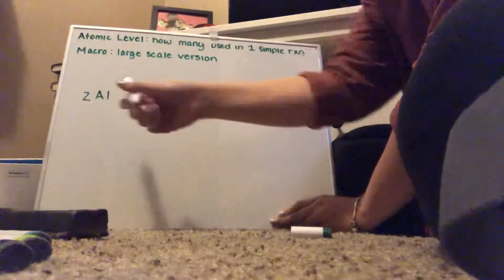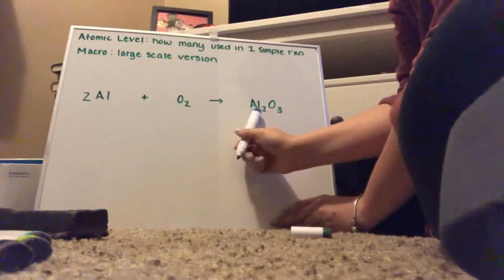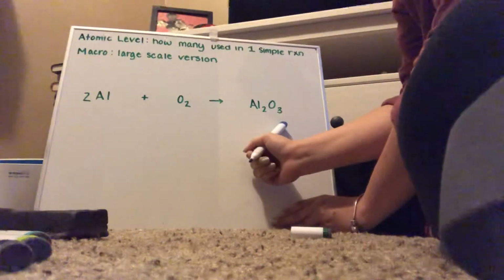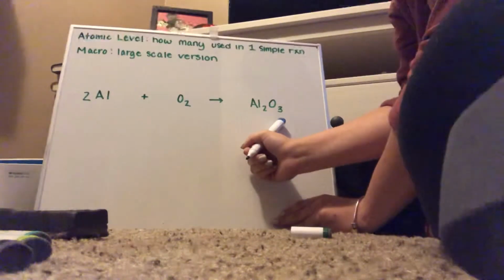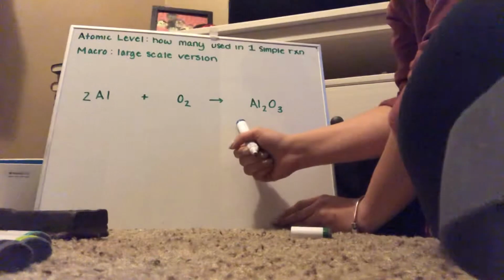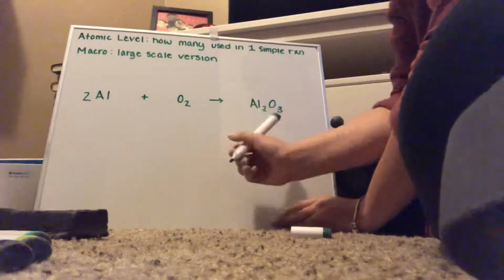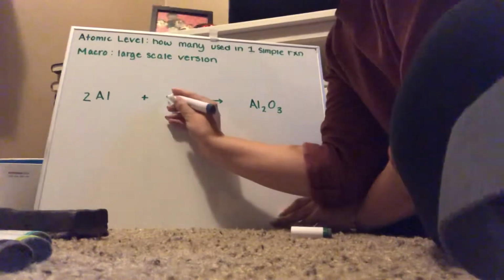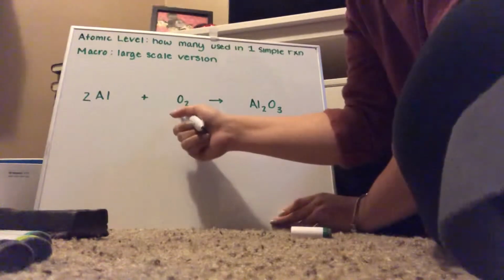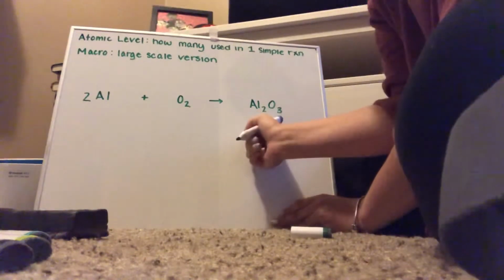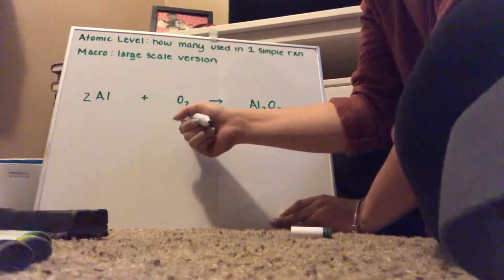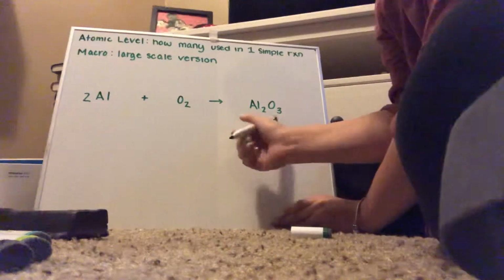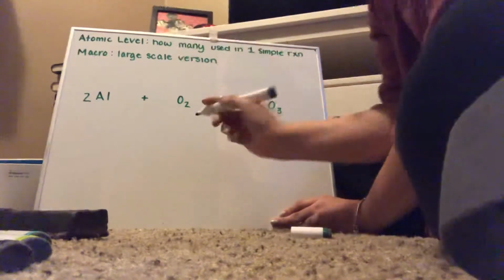Now I have 2 Al, 2 oxygens, 2 Al, 3 oxygens. It's not really going to work. So now I want to try and even out the oxygens. 2, 3. If I did 6, which would be their next common multiple.